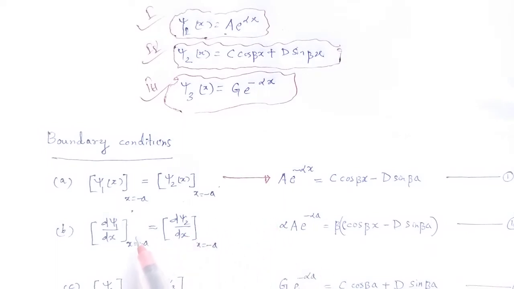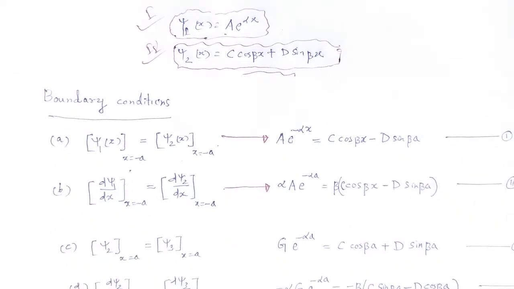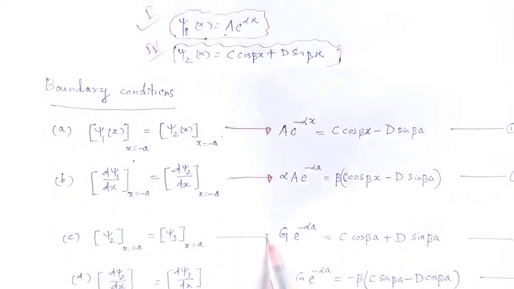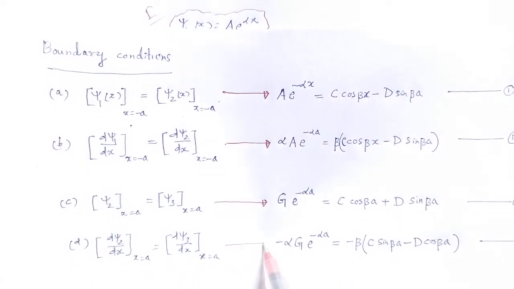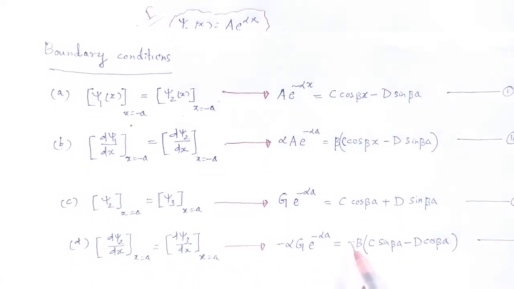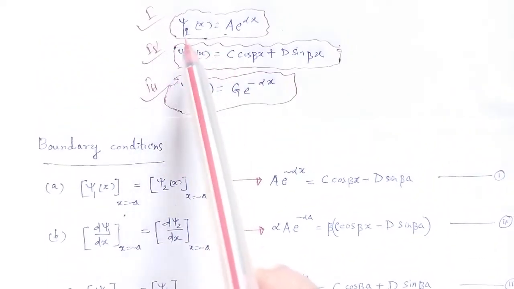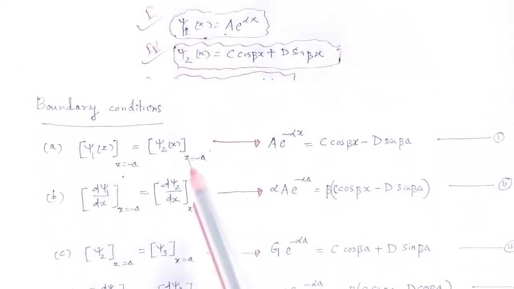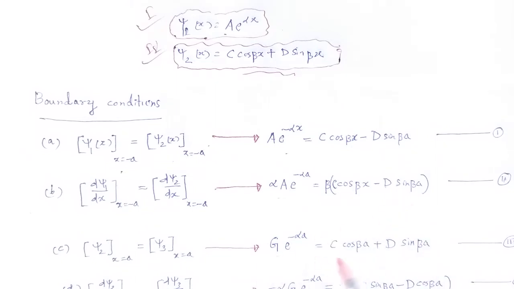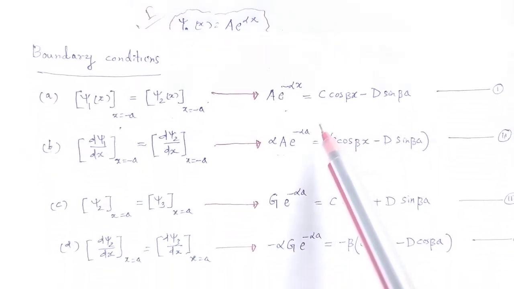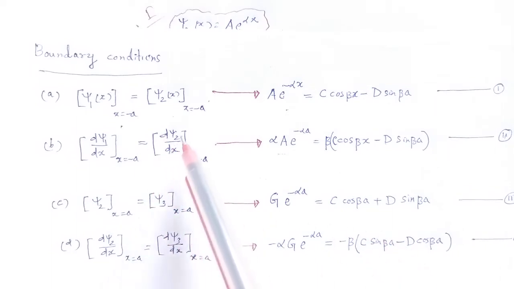Again using the second boundary condition, we get the second equation, using the third boundary condition we get the third equation, and using the fourth boundary condition we get the fourth equation. Accordingly we derive the respective equations. Four equations are derived as far as the boundary conditions are concerned.